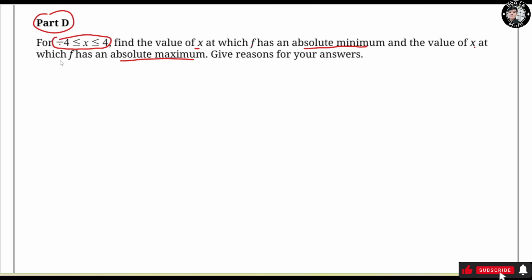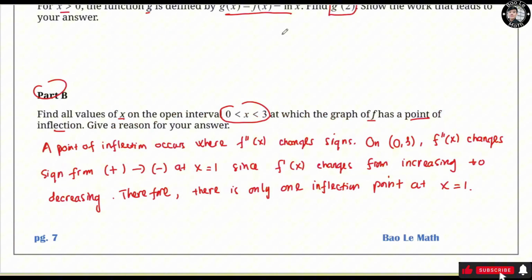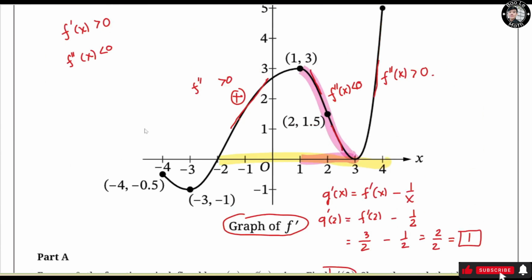Think about the candidates test. First, you need to find the critical numbers. The critical numbers occur when f prime of x equals 0 or is undefined. On the interval -4 to 4, f prime of x is 0 when x equals -2 and 3.